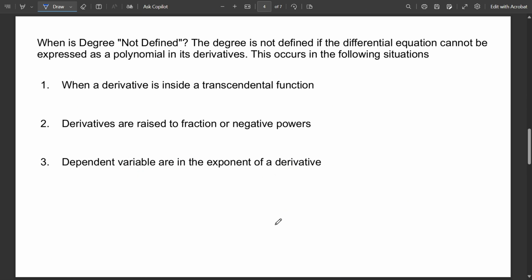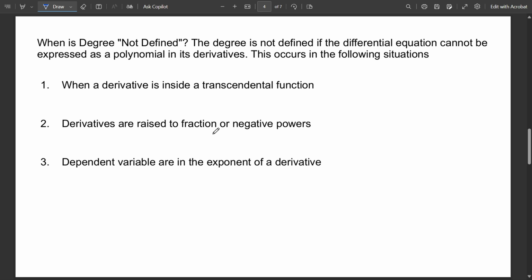When is the degree not defined? The degree is not defined if the differential equation cannot be expressed as a polynomial in its derivatives. This occurs in the following situations: when a derivative is inside a transcendental function.